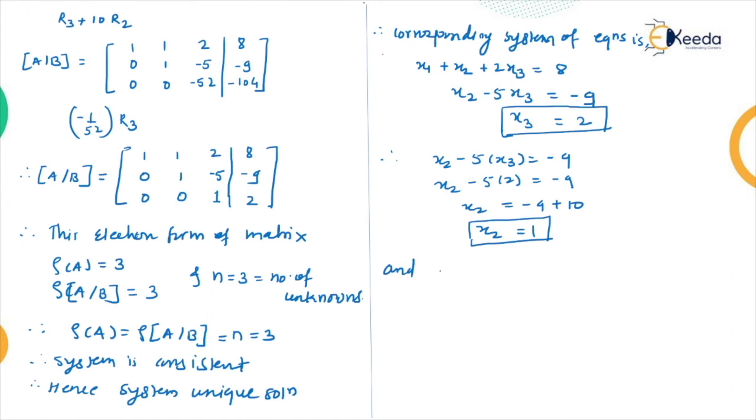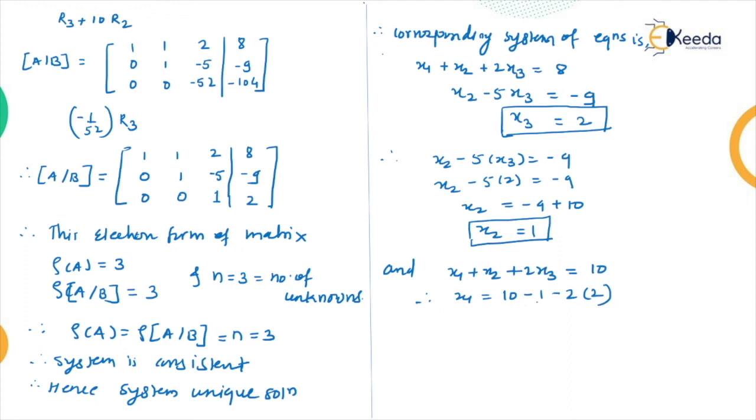And x1 plus x2 plus twice x3 is equal to 8. Therefore x1 is equal to 8 minus x2, which is 1, minus 2 into x3, where the value of x3 is 2.